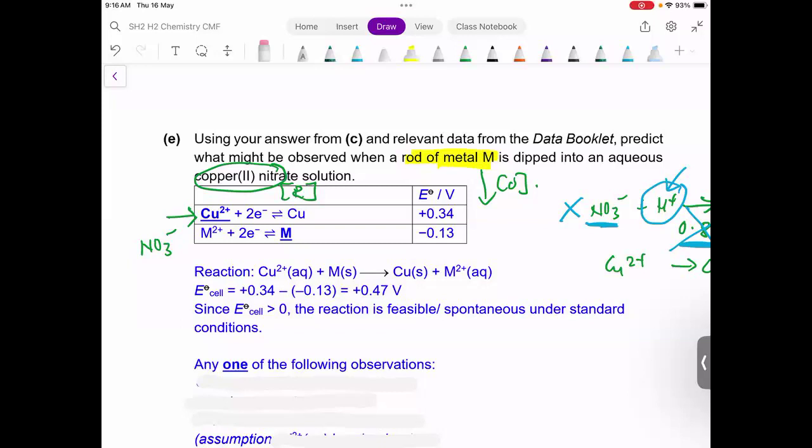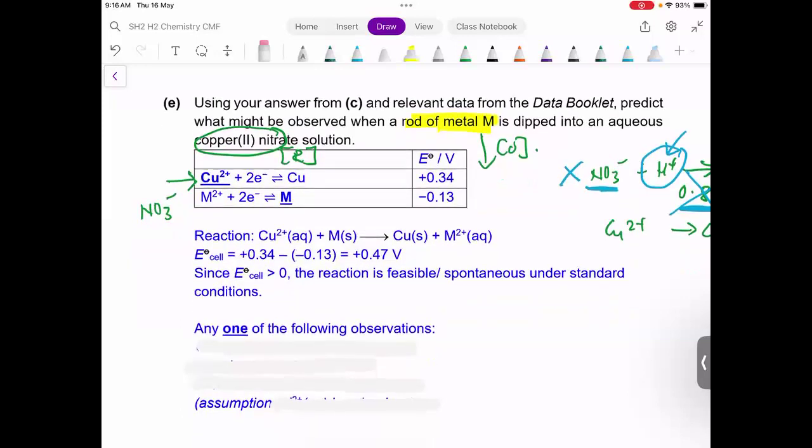Okay, so this is what you're going to get. What do you think will be the observations?